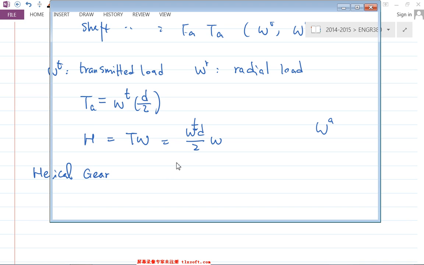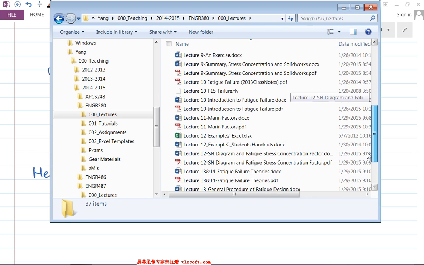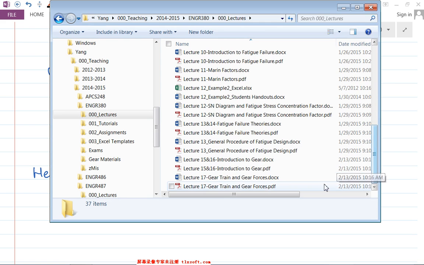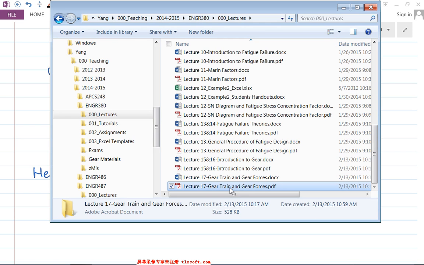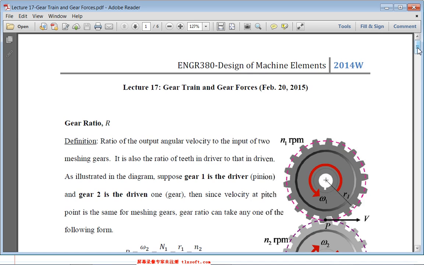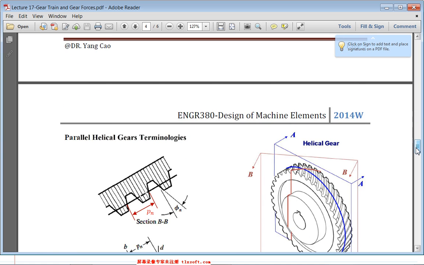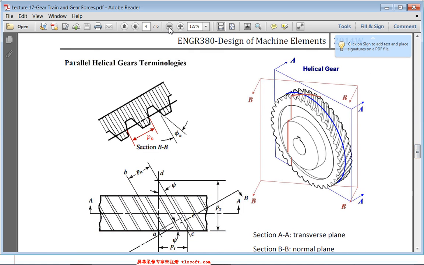So I'm going to open up a file here to grab a picture. Okay, this is the picture I wanted to grab.